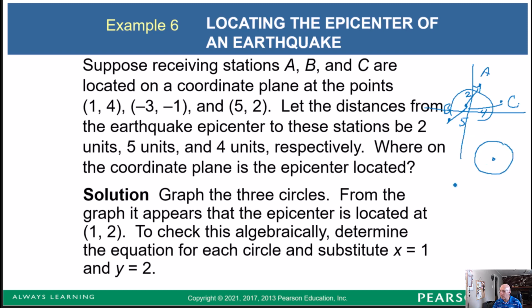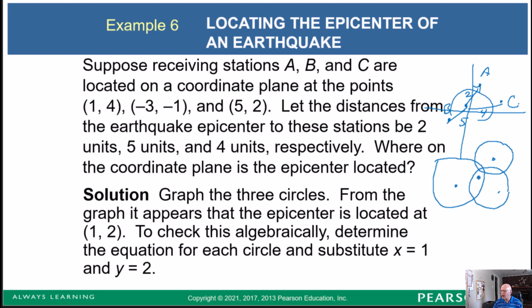Then you go over here to B. B is 5 away. So you make a circle of radius 5. Then you go over to C. It's 4 units away. Not exactly like that, but that's the basic idea.